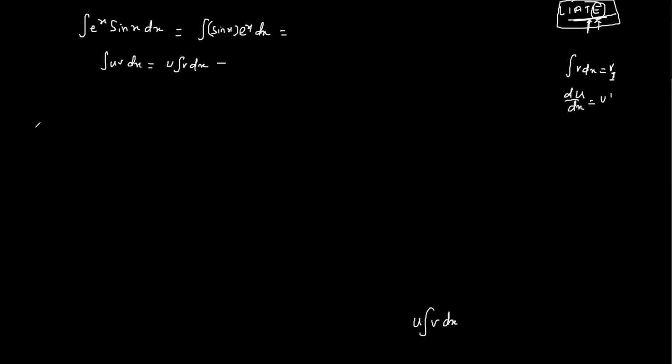So you can also write it in this way: u v1 minus u dash v1.